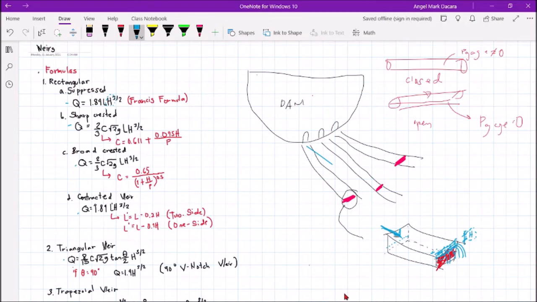Okay, gets? So yun, ganun lang kadali. Susukatin lang natin kung gaano kataas yung water level over the weir, then alam na natin kaagad kung ano yung discharge ng tubig that is going out of the dam.